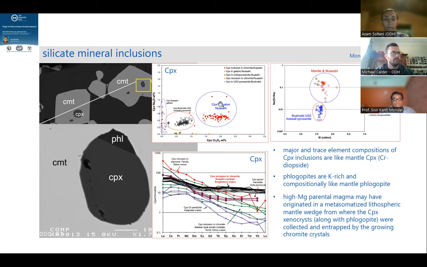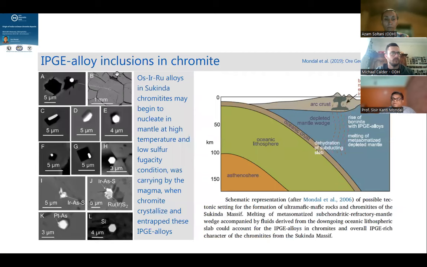So there are some data on platinum group element mineral inclusions in these chromites. And in the case of Nuasahi and Sukinda massive chromitites, it shows that these inclusions are osmium, iridium, ruthenium alloys. 90% of inclusions are osmium-rich iridium, ruthenium alloys.